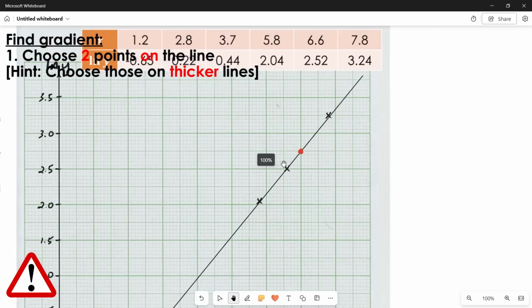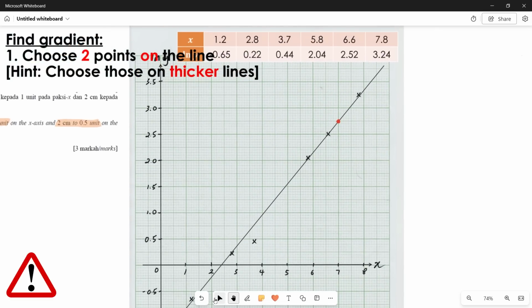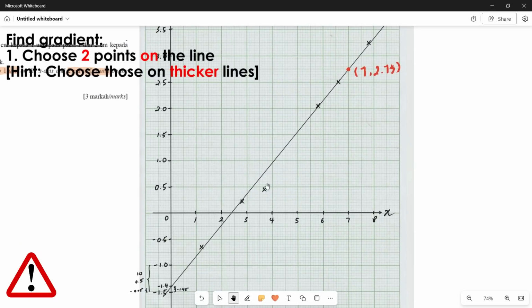So if I zoom out, you can clearly see the coordinates already. For the x coordinate, if I look below, it's 7. And if I look at the left side, the y coordinate would be the middle of these two values, which is 2.75. Right? Easy to find out the coordinates. And for the second point, I'm going to find another point which is far away from the first point.